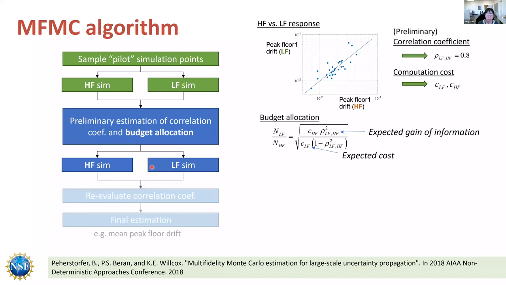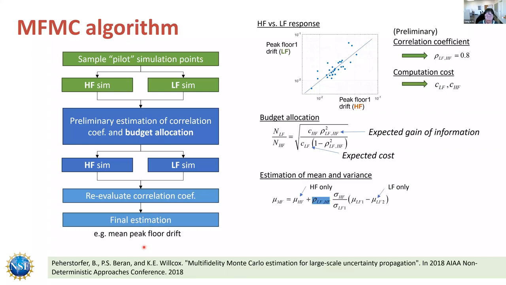And once all the analysis is done, we collect the response from each model and then make the final prediction on our final estimation. So for example, when you want to predict the mean of your peak floor drift, this will be the formulation. The first term is the mean prediction from the high fidelity simulation.